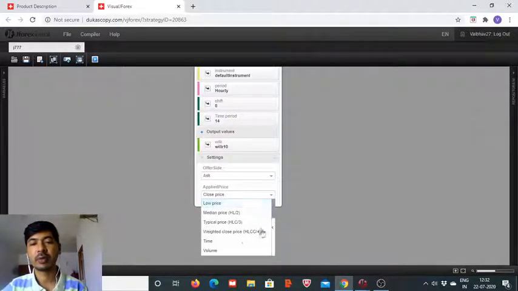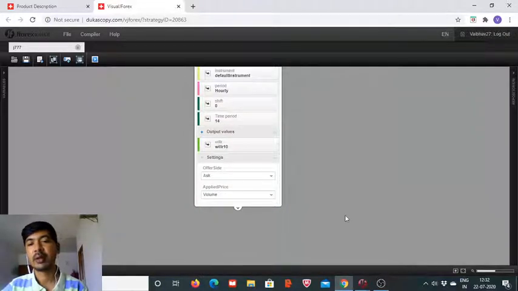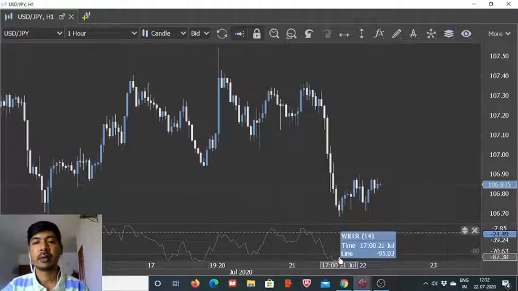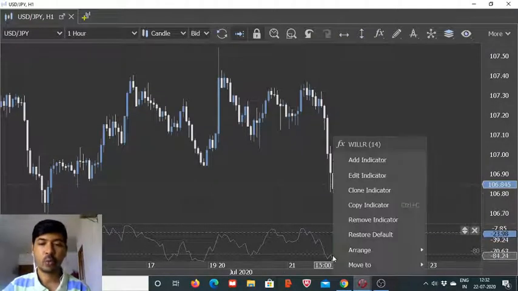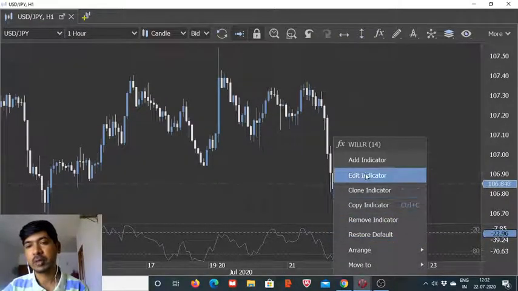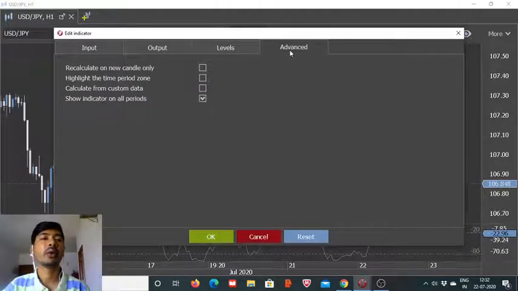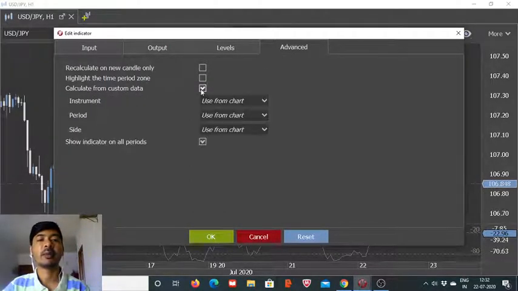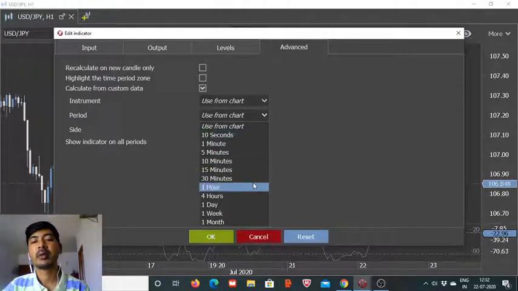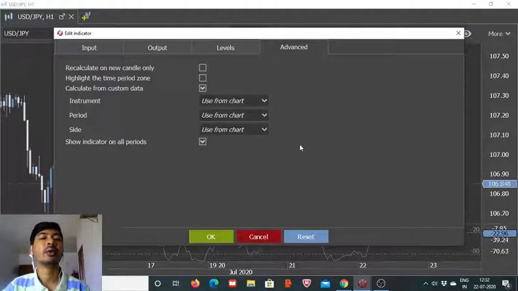Suppose we choose volume as the parameter, then you will have a different output value. Suppose we choose to edit this input and calculate from custom data.